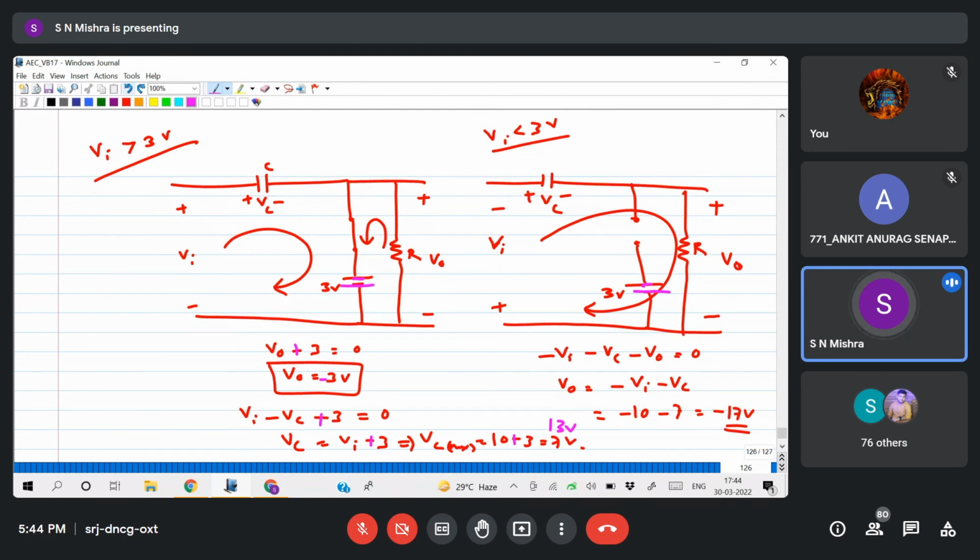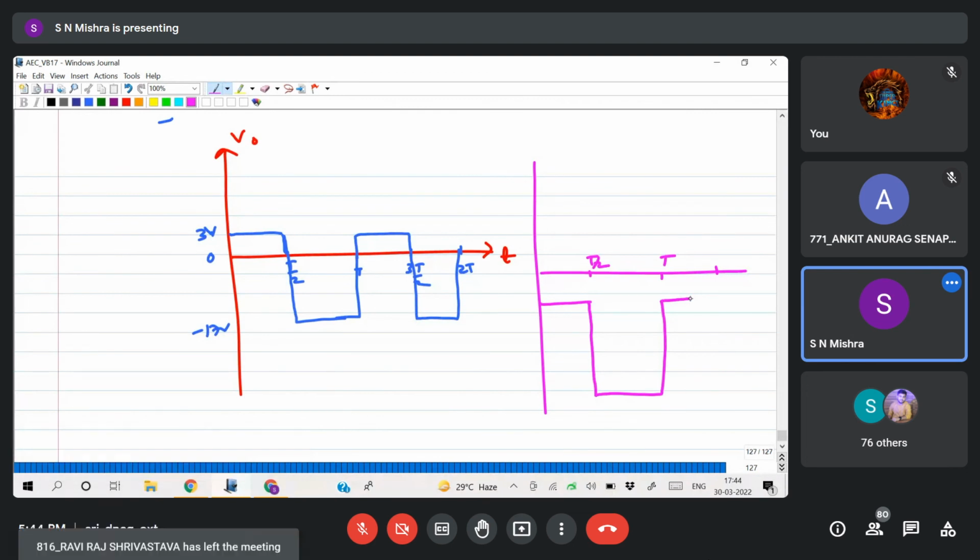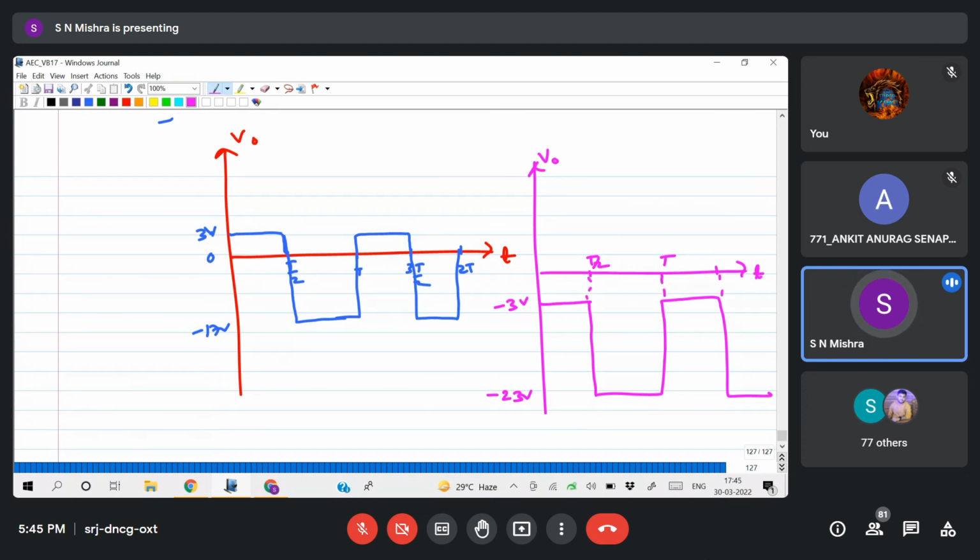So here we got minus 23. Like this. So now the output is minus 3. If it is like this, then yes, sir.